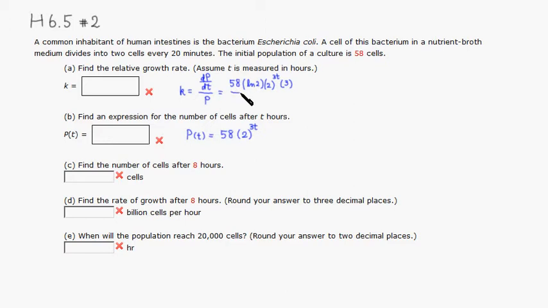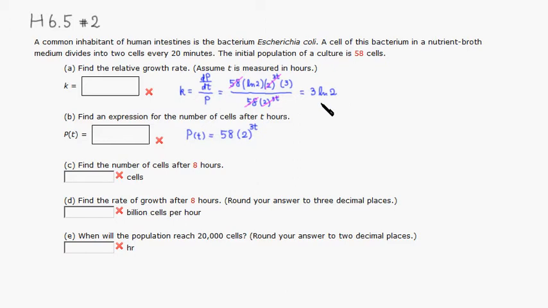Then we divide that by P itself, 58 times 2 to the 3t. You can cancel the 58 and 58, and 2 to the 3t and 2 to the 3t, so you will get 3 times the natural log of 2.